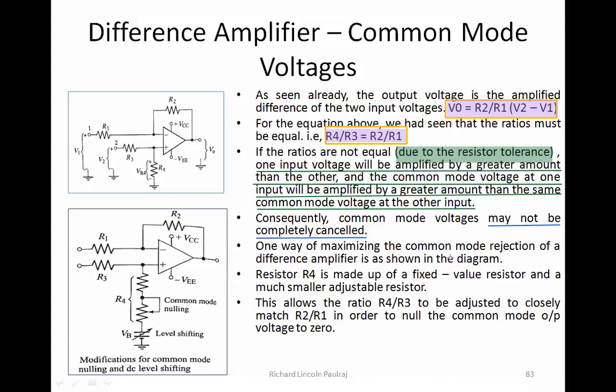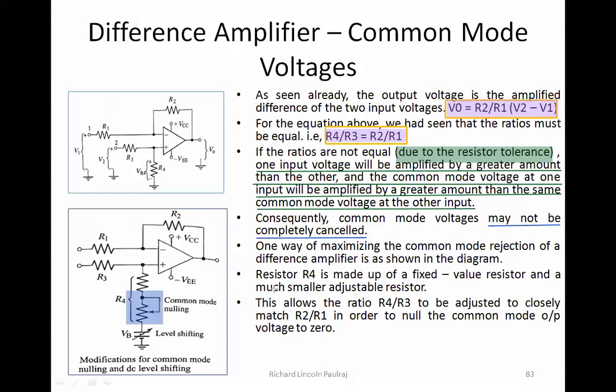One way of maximizing the common mode rejection of a difference amplifier is shown in the diagram. I'm referring to this diagram here, where we are incorporating some minute changes so that it can be programmed.